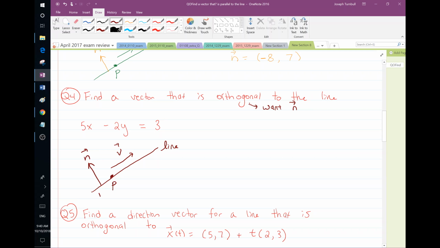Now what are we given? We're given the normal vector, the components, or the coefficients rather, in front of x and y.